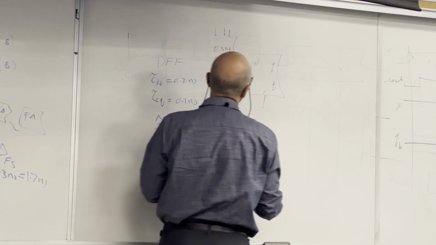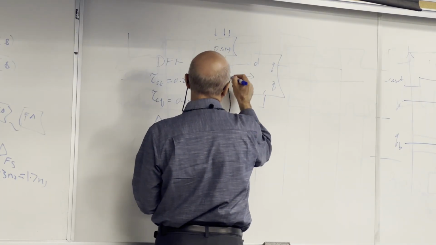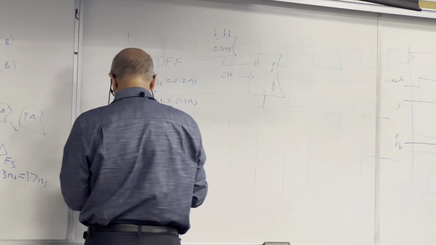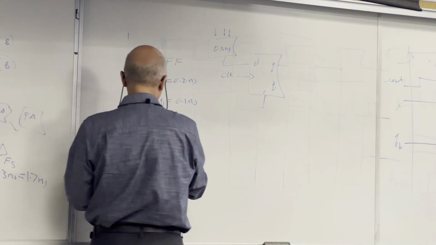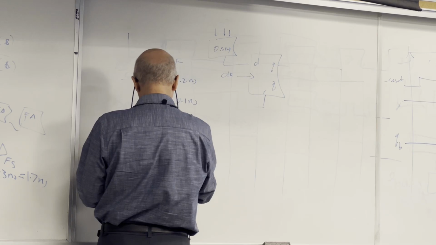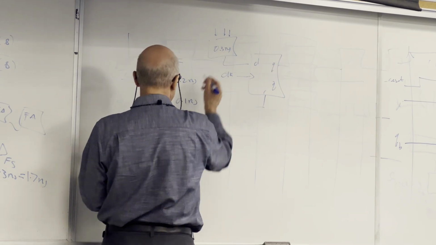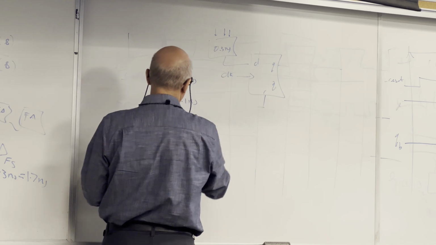So we are trying to figure out what frequency we should run the clock at. It doesn't say what it is, it just says propagation delay is 0.3 nanoseconds.